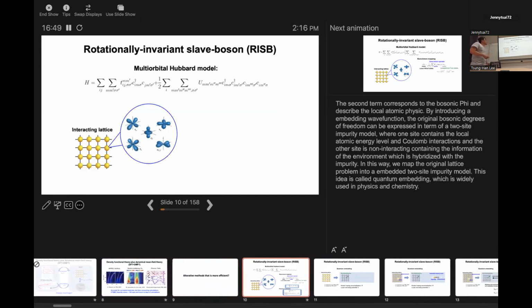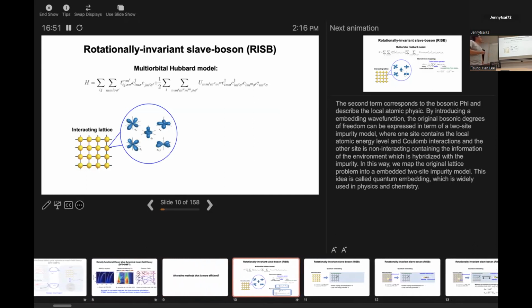So this approach is based on a method called rotationally-invariant Slave-Boson. It is designed to solve the multi-orbital Hubbard model, where each site can contain, for example, 5 d orbitals, or 7 orbitals if we want to consider heavy fermion systems.